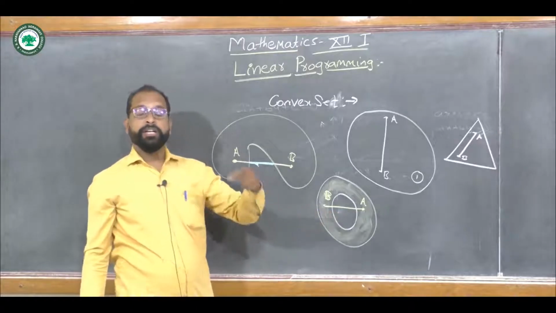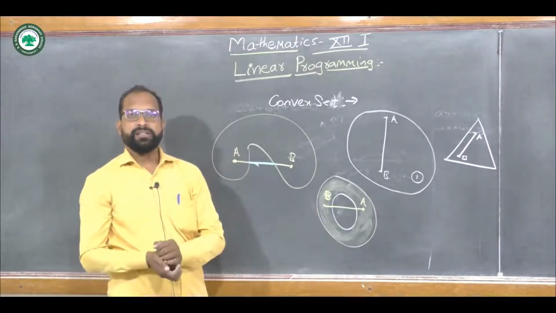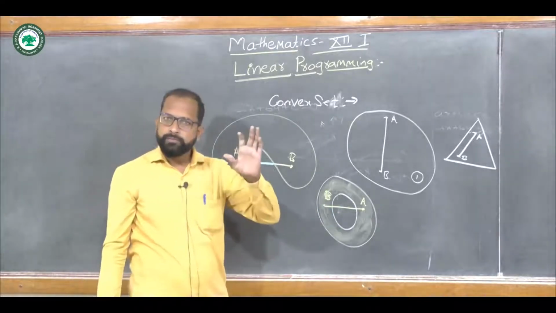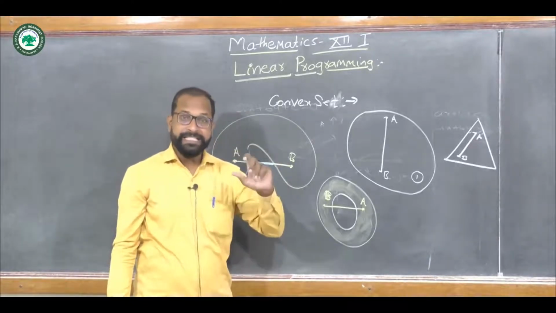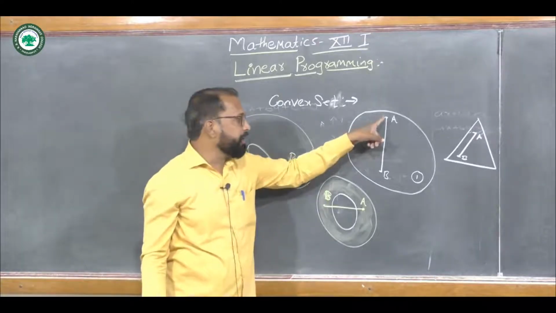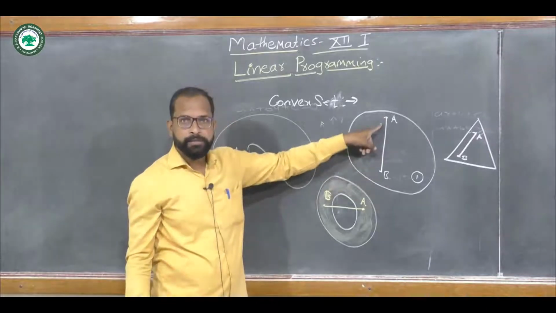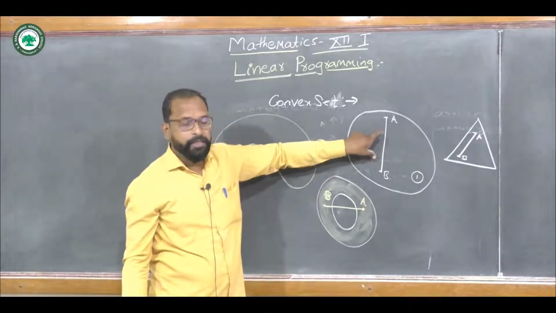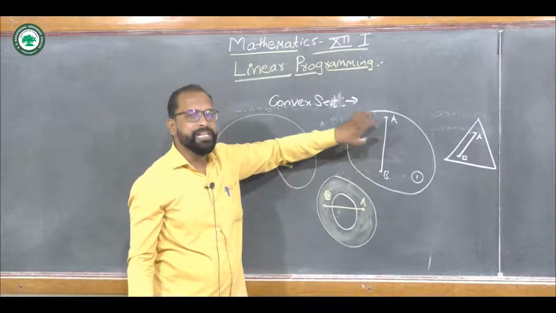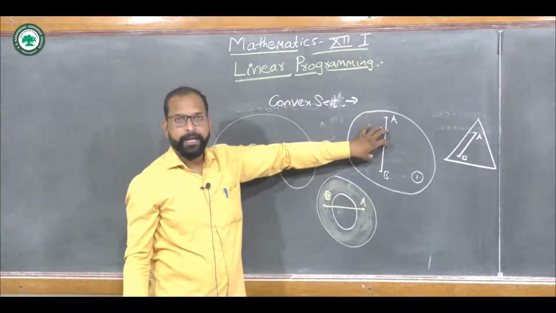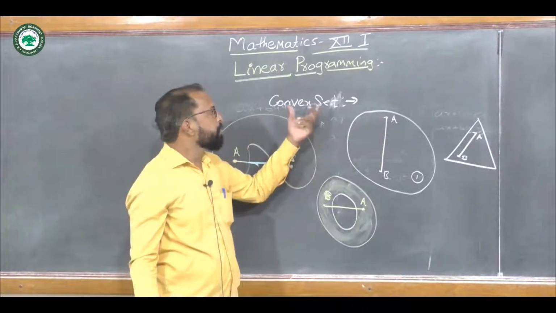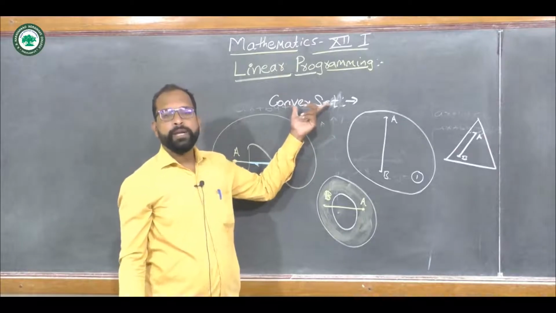So the definition of a convex set is: it is a collection of points in a plane such that if we join any two points by a line segment, that line segment wholly lies in that set.